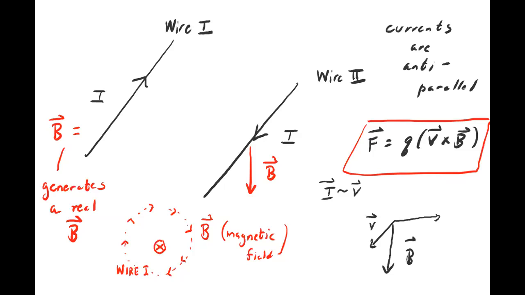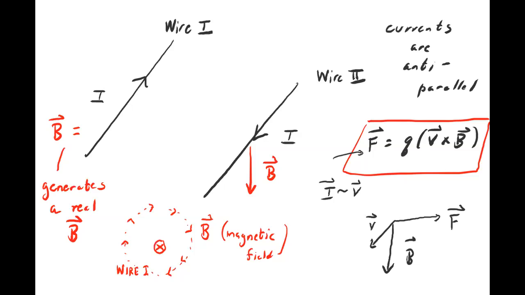So now my rule or law that I've derived from the previous experiment tells me that there'll be a force on wire 2 due to the magnetic field generated by wire 1. And all I have to do is use this expression to figure out the direction of that force using the right-hand rule, which would be a force in that direction.